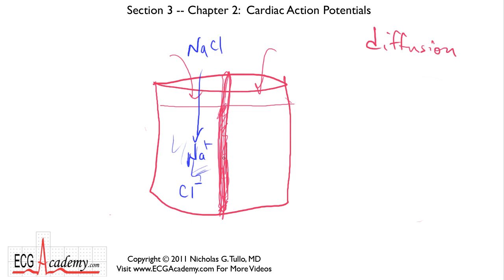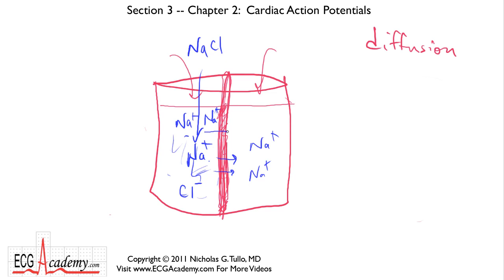Now, if this is just a plain old membrane, there are lots of different examples, but I'm not going to get too complex. What happens is you've got all this sodium on one side, and the force of the concentration pushes sodium through this membrane, and eventually the sodium winds up on this side.